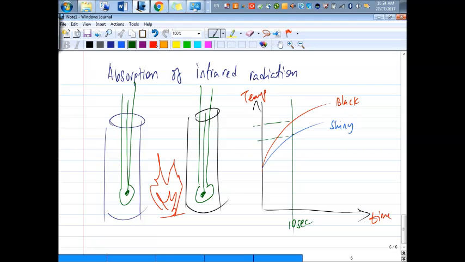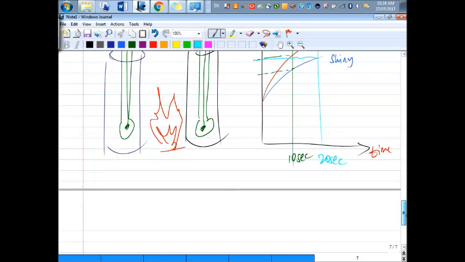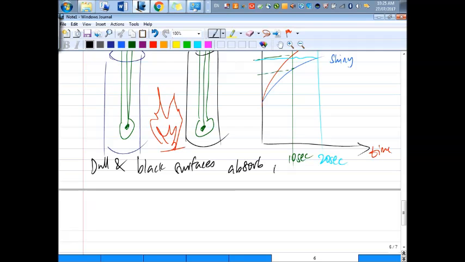We can draw more lines to see the relationship. So maybe at time equals to 20 seconds, we see that the temperature for the shiny surface is still lower than the temperature for the dark surface. So interpretation of the graph, the conclusion will tell us that a dull surface, meaning the black one, dull and black surfaces absorb infrared radiation faster as compared to shiny surfaces.